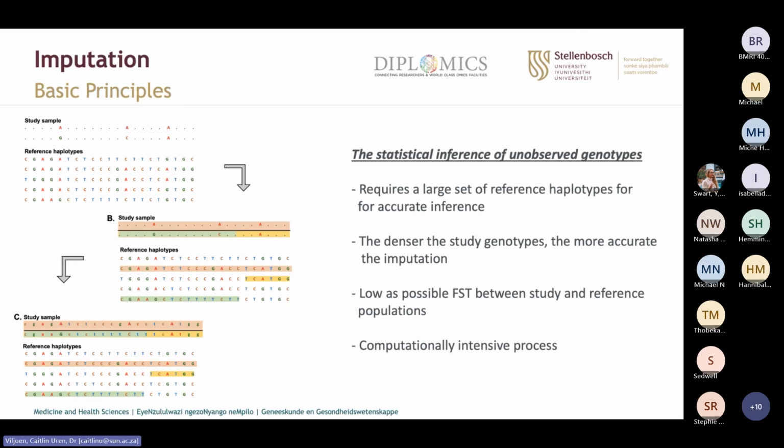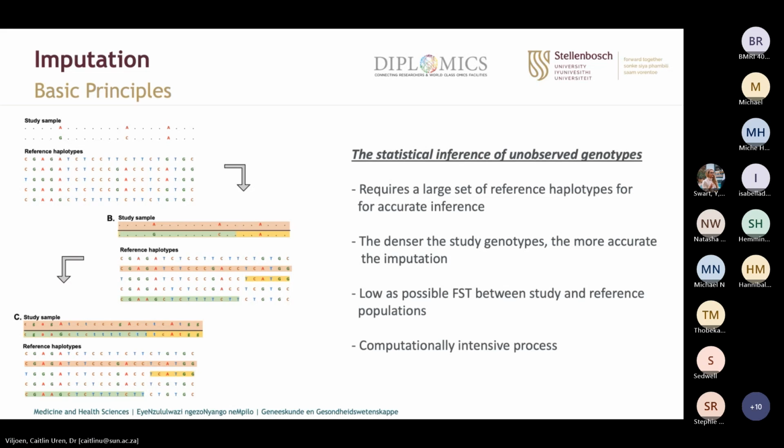So you'll see in the figure on the left, you'll have a study sample that is generally based on array data or genotyping data, and you'll have reference haplotypes or a reference panel that will be without missing information, will be very dense, generally whole genome sequencing data, high coverage, very good quality data, large scale. You will then compare your study sample to your reference haplotypes in terms of similarity, and then fill in the missing genotypes. I'm not going to get into the statistical inference behind it, but that is in essence what happens.